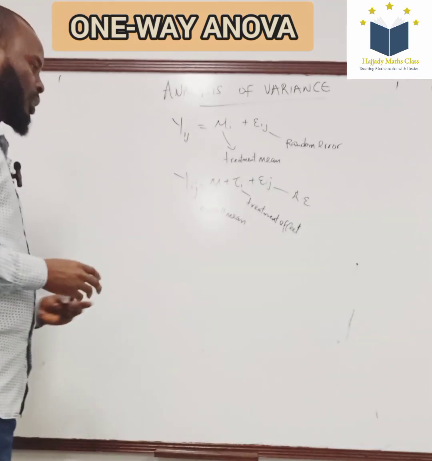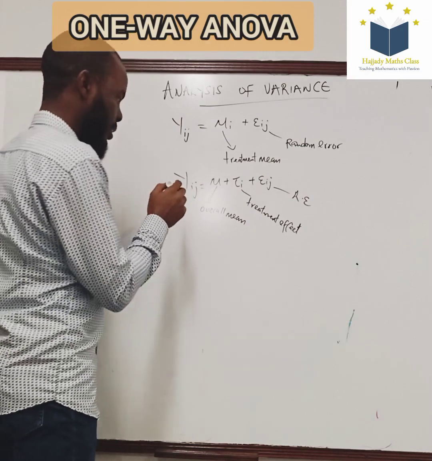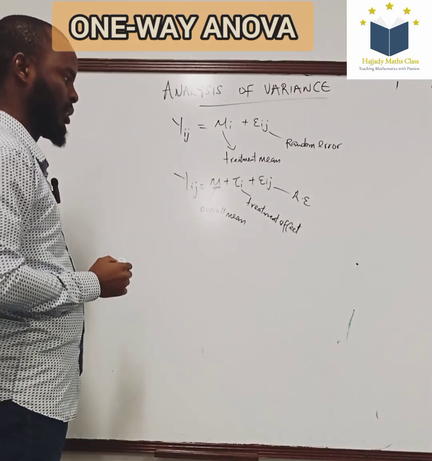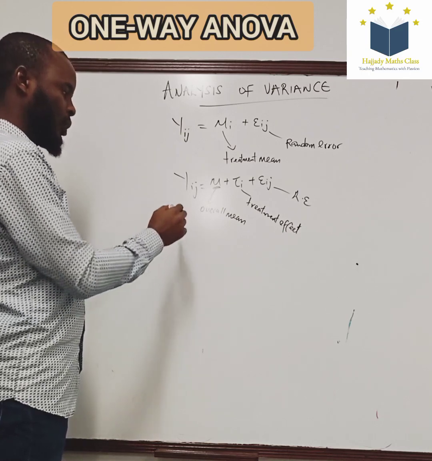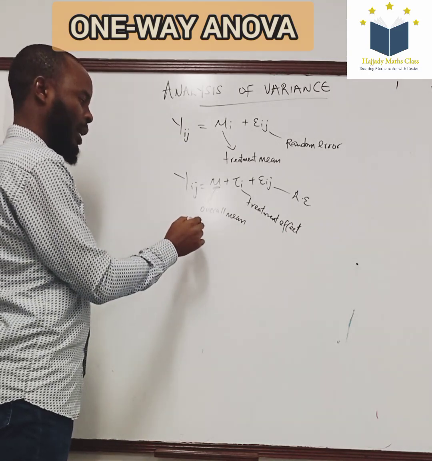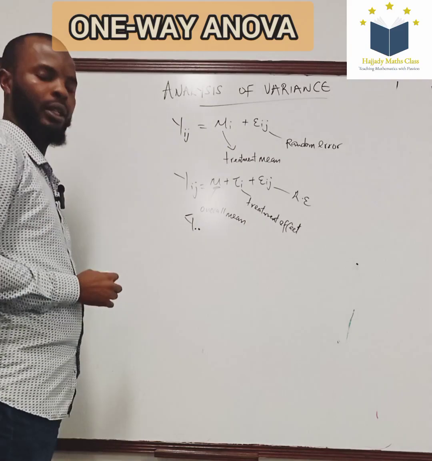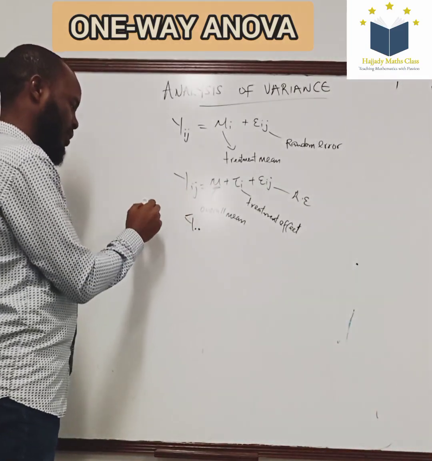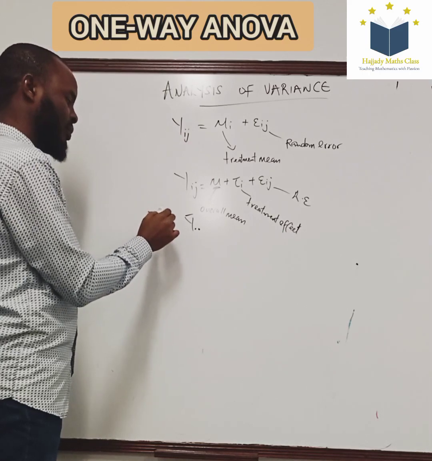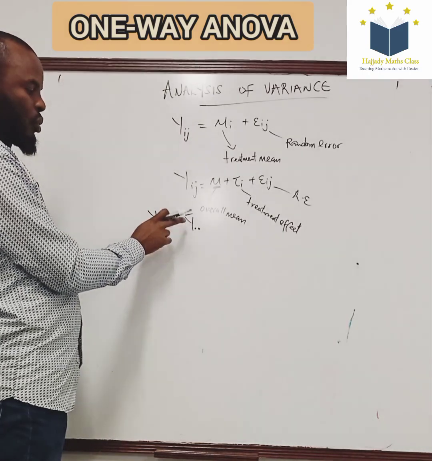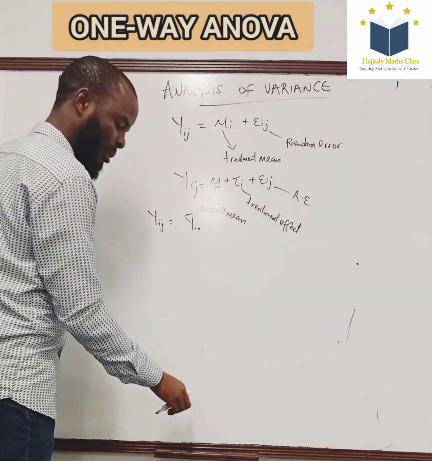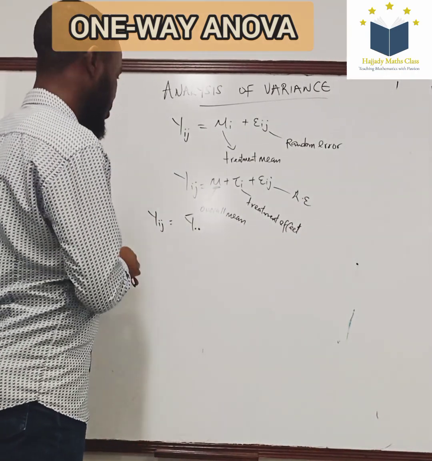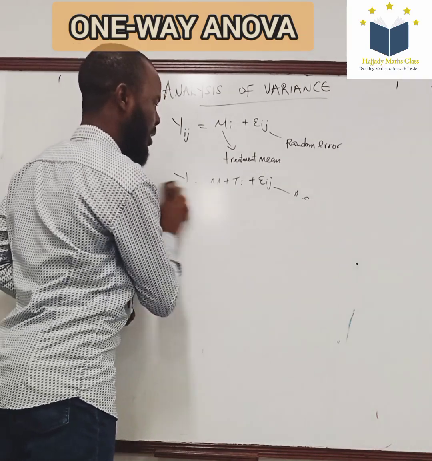If you estimate this population mean, which is known as the overall mean, our y dot bar, the estimate of it. Don't forget that we have our observation equals this. So this is what I'm going to use to estimate my sum of squares.